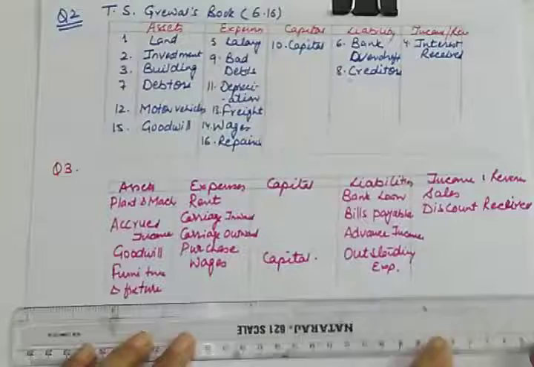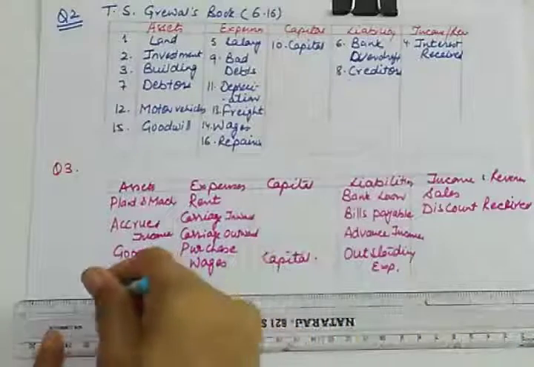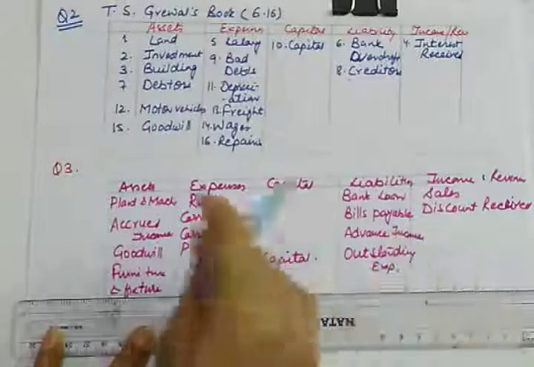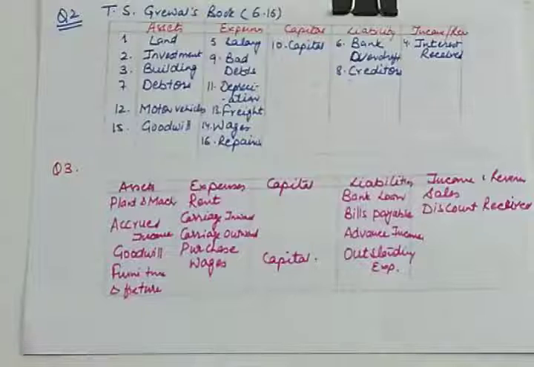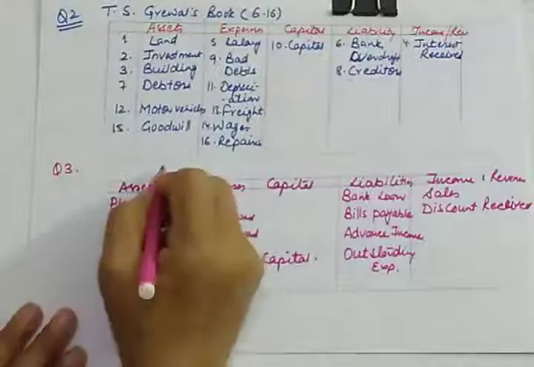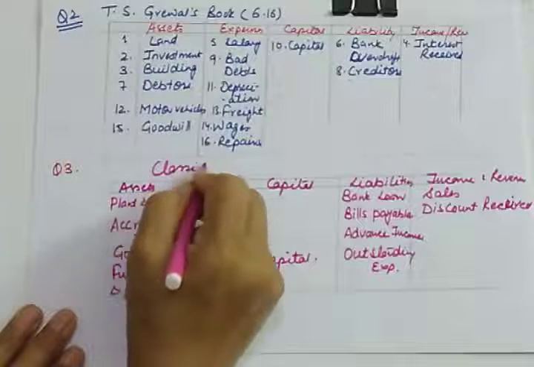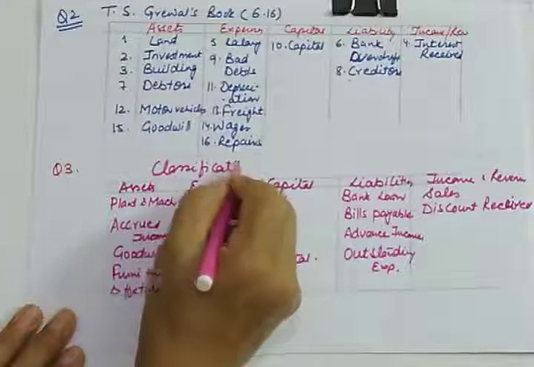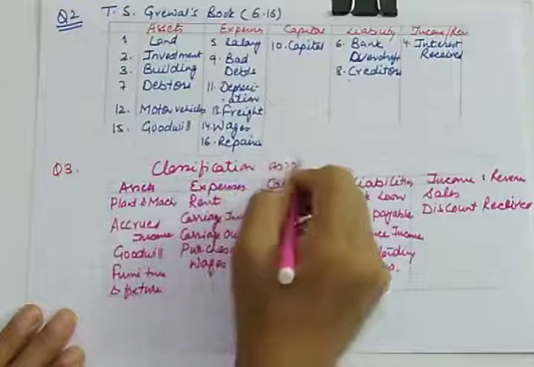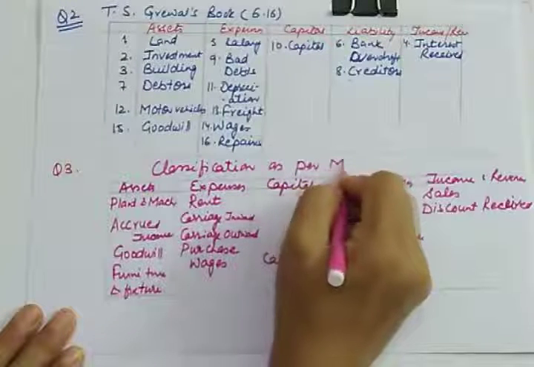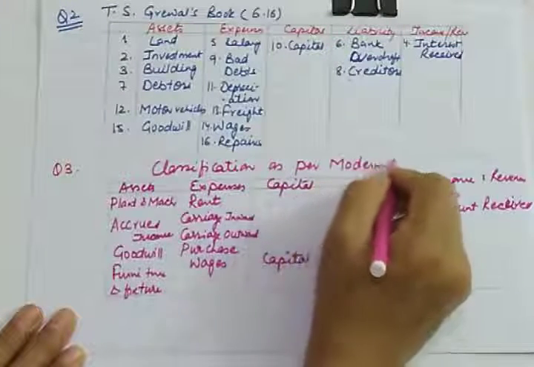So you need to trace out the category first according to this modern approach. You can give the heading also: classification as per modern approach.